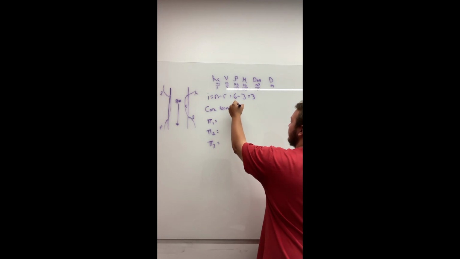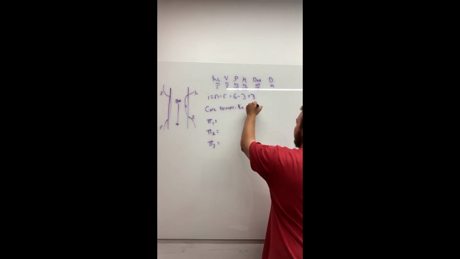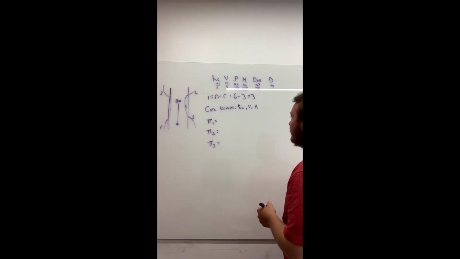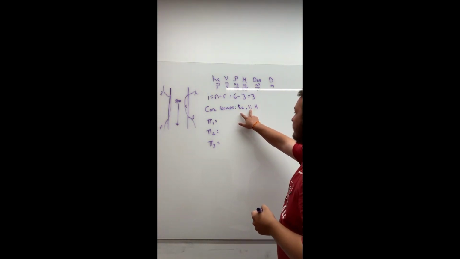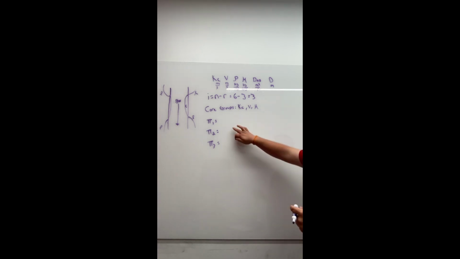So the core groups that we're going to use are Kc, velocity, and viscosity. These two have the same units, so it's going to be a lot easier to do this method.